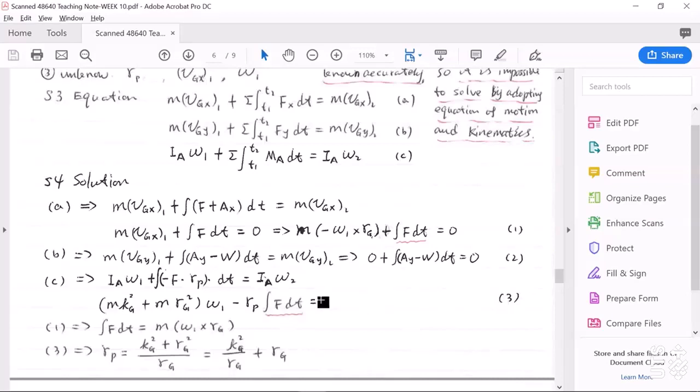It seems we can't solve this problem because we don't know F, we don't know omega 1. But if you look at equation 1, you should be able to see the integral of F with respect to time t can be expressed using omega 1 here.